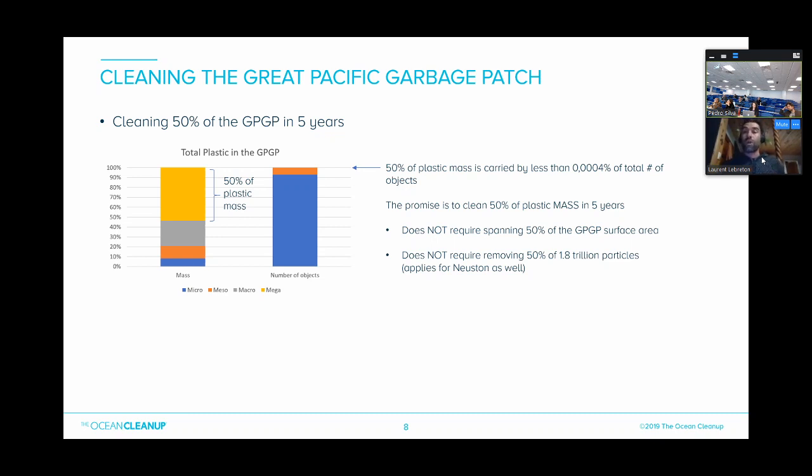The whole point where we want to go is really to the yellow, the gray, and the orange. If we manage to pick this up, that's more than 90% of the mass that has the potential to turn into trillions of particles, right? If you just leave it there. Well, this mass represents a very, very tiny fraction of the number of objects that is floating out there.